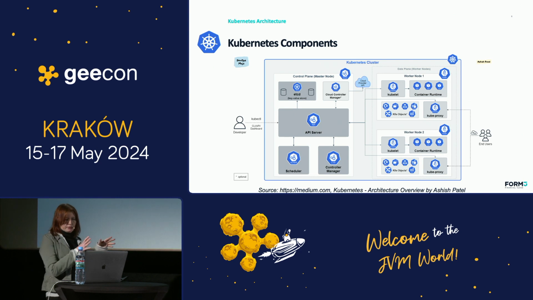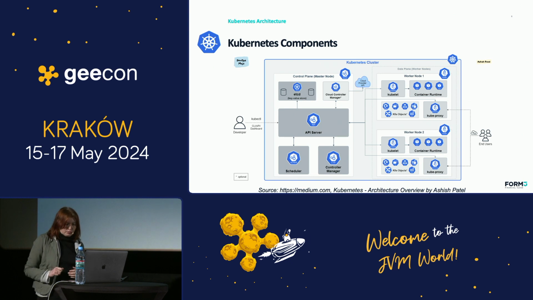We have control plane nodes and worker nodes. The control plane basically manages the entire cluster. We have various components here. However, the key part is the API server. Basically, if we want to create or update any resource, we need to interact with the API server.